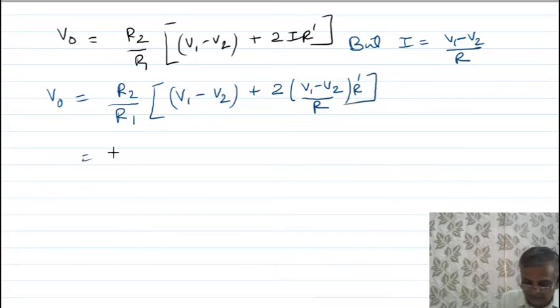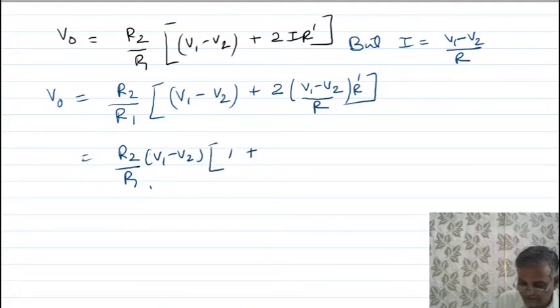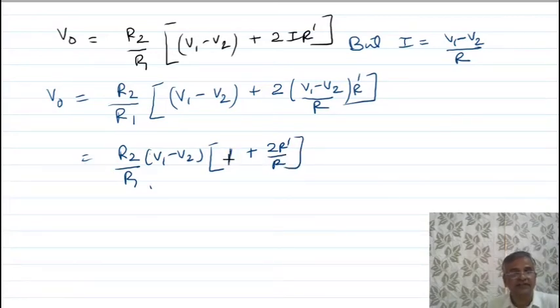From this I am taking V1 minus V2 common. Then inside the bracket 1 plus 2R dash by R is left. This is the equation of the output voltage for instrumentation amplifier.